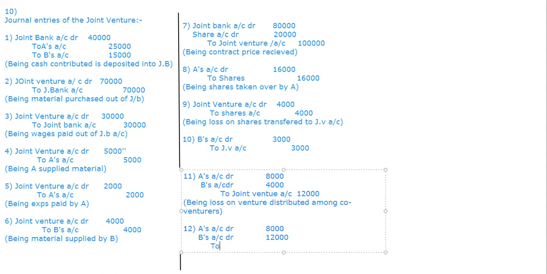Therefore, to joint bank account 20,000, being balance due remitted to co-venturers. That's it. Take a screenshot.